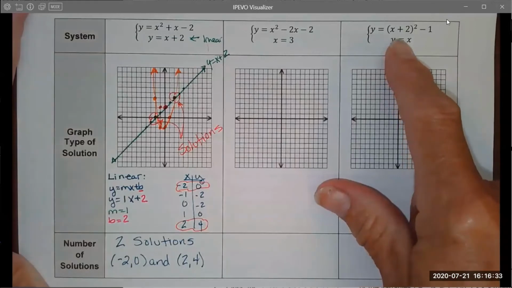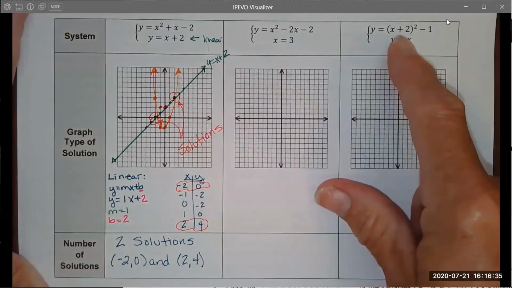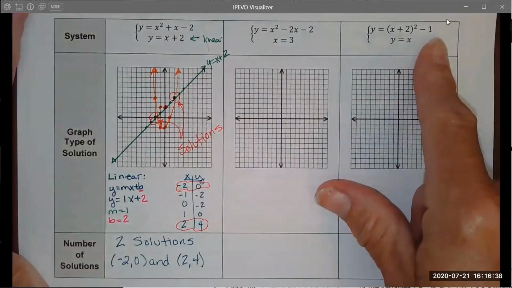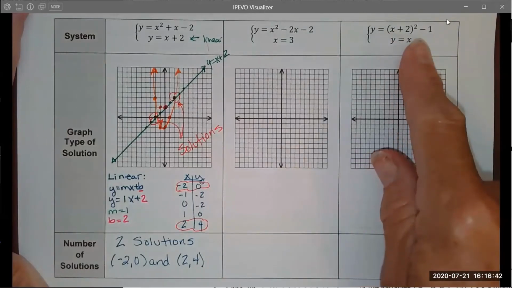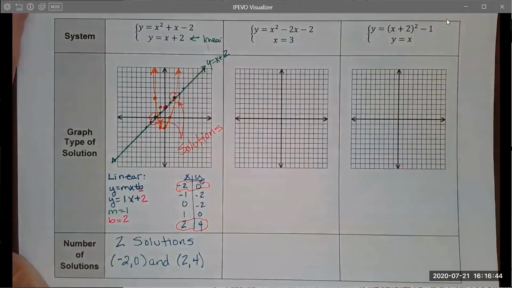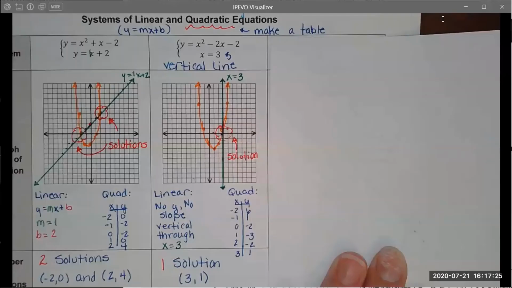So I can identify the vertex as being (-2, -1) if I wanted to, but I can also just put this in a calculator and make a table and graph my points. Try those examples now on your own, and then let's look and see how you did.